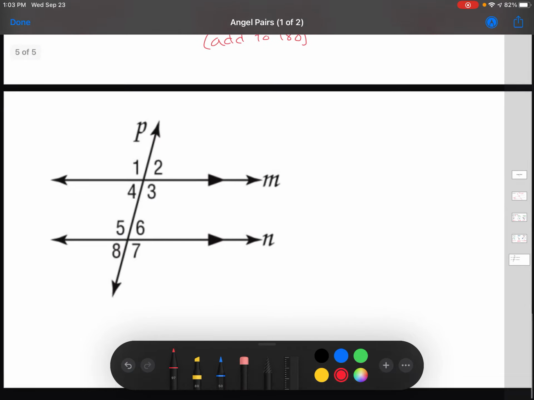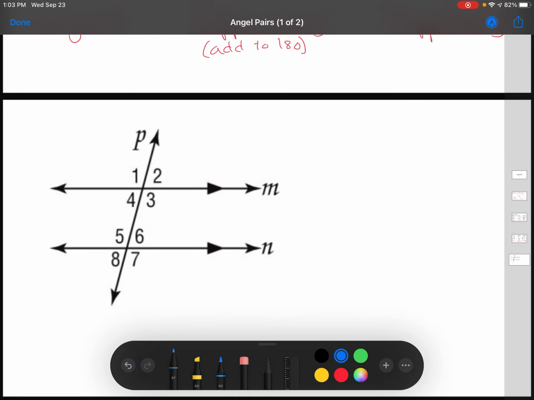Okay, and then, so this last piece, we're going to look at this example. So let's say I pick out angle 1 and angle 7. Right? Which type are angle 1 and angle 7? Let's do angle 4 and 5, 8 and angle 6.